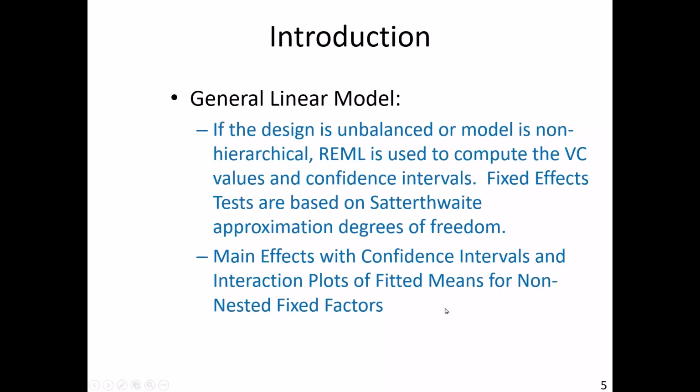We also include main effects with confidence intervals and interaction plots. So main effects with confidence intervals, interaction plots, fitted means for non-nested fixed factors. That's an important thing, is that we are treating the factors as fixed when we are looking at main effects plots.